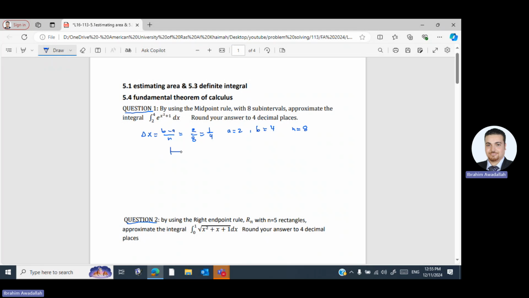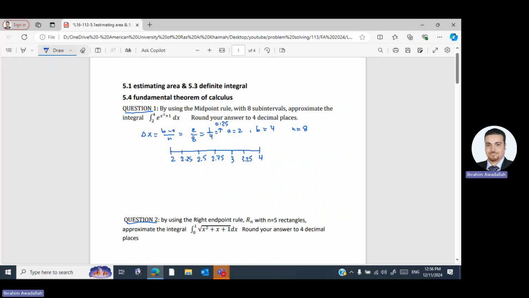So see with me, my interval will start with 2 and finish with 4. Every time we add 1 over 4 or 0.25, so 2.25, then by calculator 2.5, 2.75, 3, 3.25.